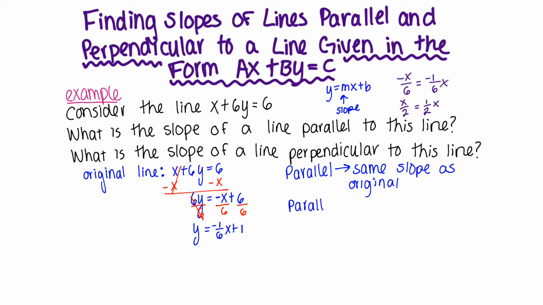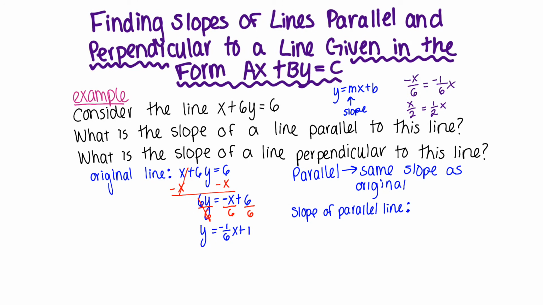So the slope of our parallel line is going to be the same as the slope of this line we just found. So that's the number right in front of the x, which is the slope, 1 over 6.